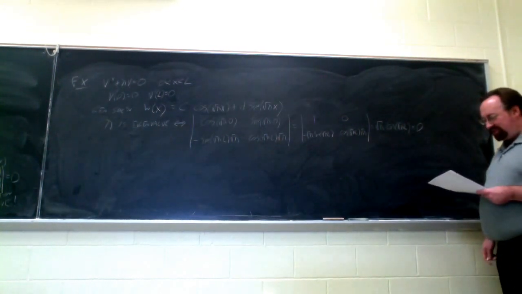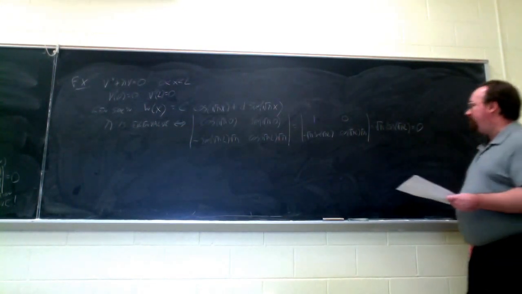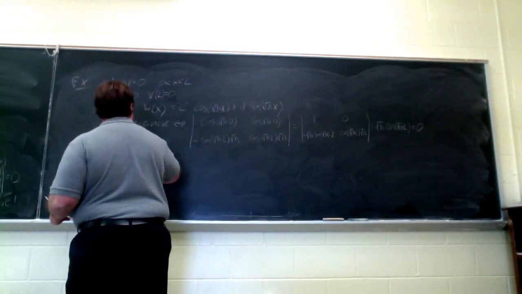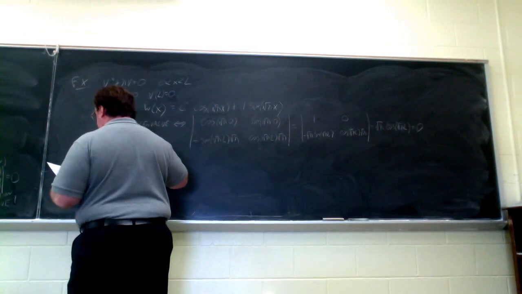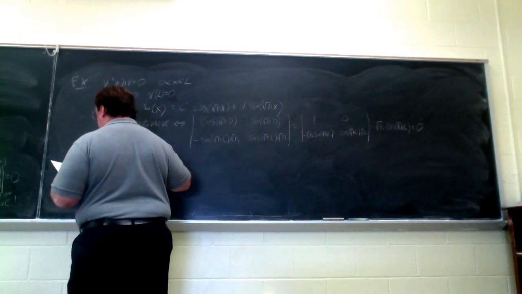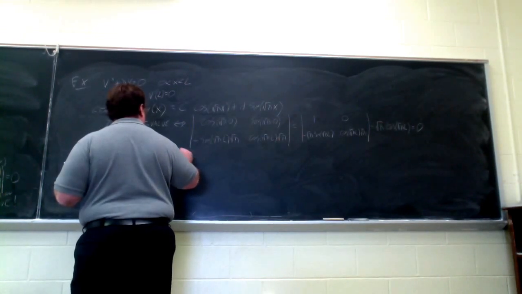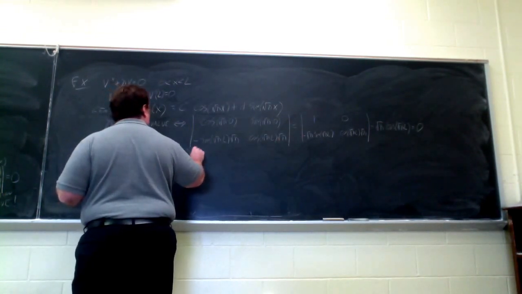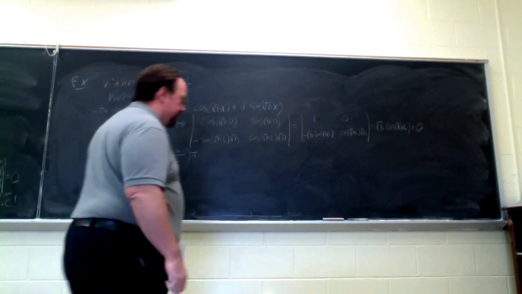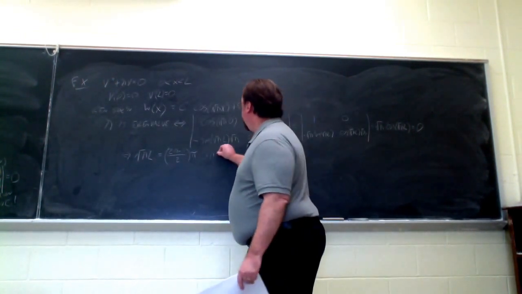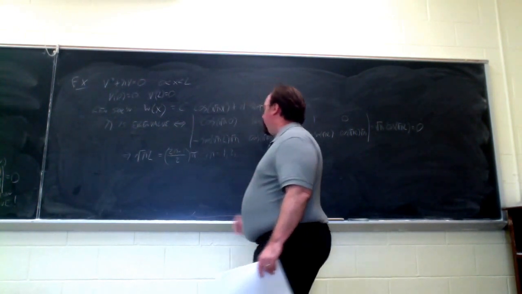So that means that the argument to cosine, square root of lambda L, must be the same as n minus a half times pi, n equals 1, 2, and so forth.